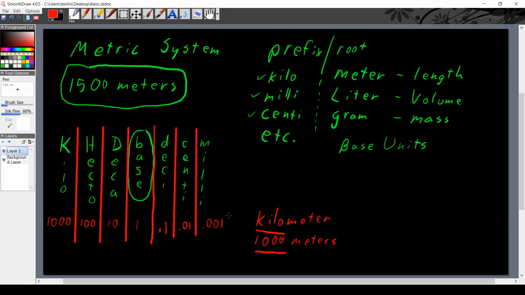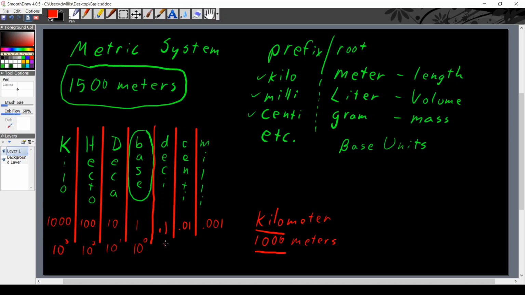I want to point out something else that this does: kilo, even though it's 1,000, we could also express that as a power of 10, meaning 10 to the third power. 100 could also be expressed as 10 to the second power. 10 could be expressed as 10 to the first power. 1, of course, anything to the 0 power is 1, and so we could express that as 10 to the 0 power. Now, 0.1, 1/10.